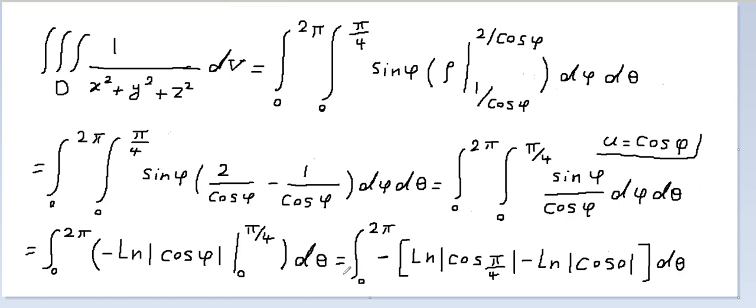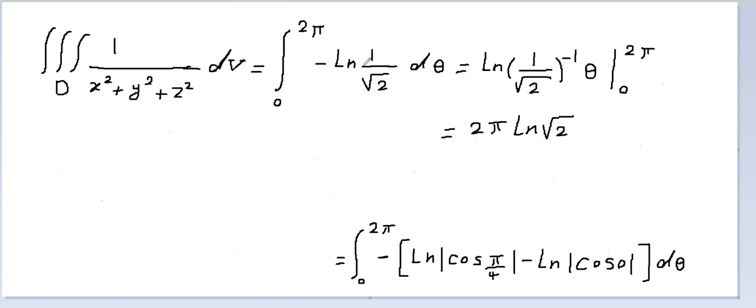So this equals the integral from 0 to 2 pi of minus ln the absolute value of cosine pi over 4, minus ln cosine when phi is 0. Okay, so we have to calculate this. Since the space is not enough, let's move up here.